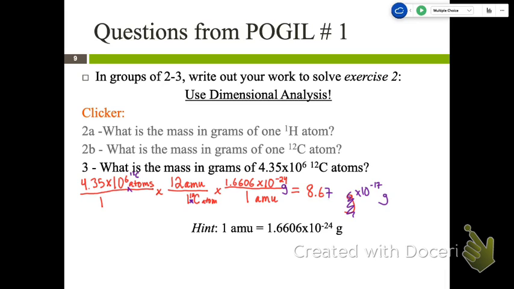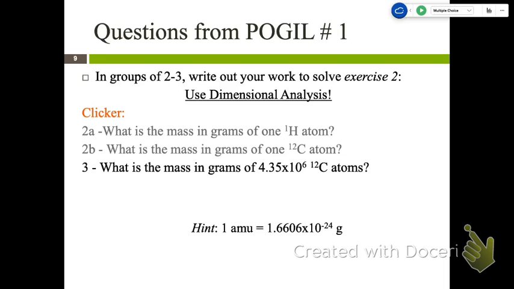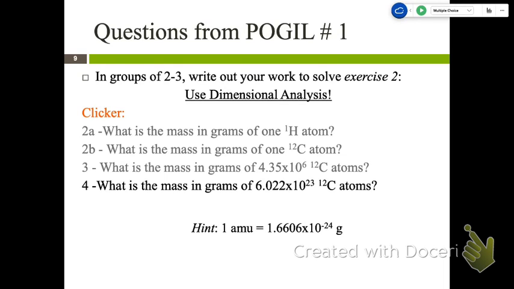All right. Did anyone do the next question? Question number 4. So how do we set that up? I'm going to write this on the big clear screen. So you said 6.0. What?